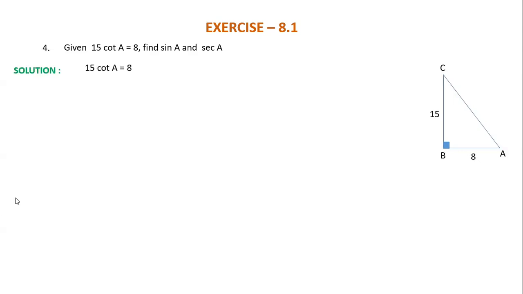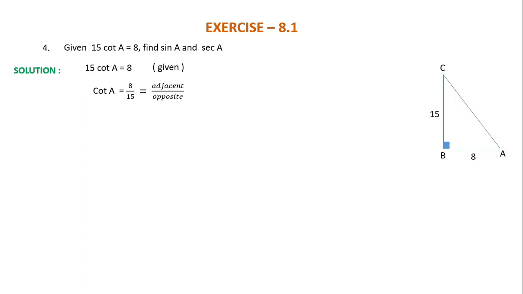Now question 4. Given 15 cot A is equal to 8, find sin A and sec A. Solution: 15 cot A is equal to 8, which is given.